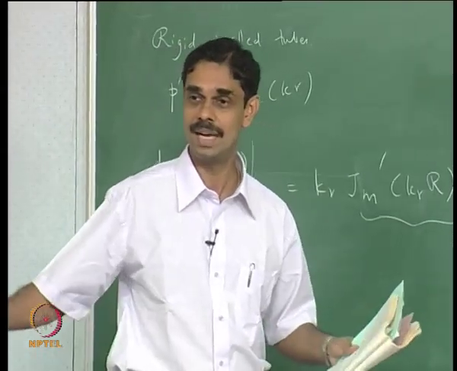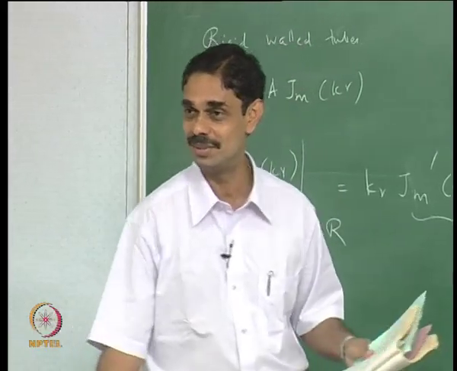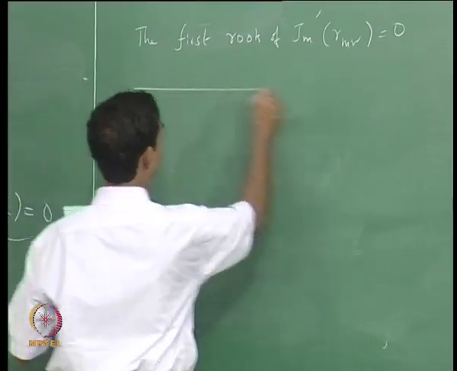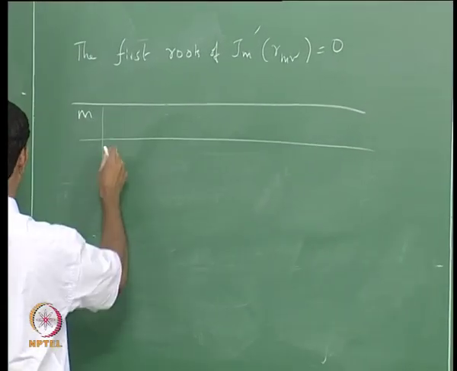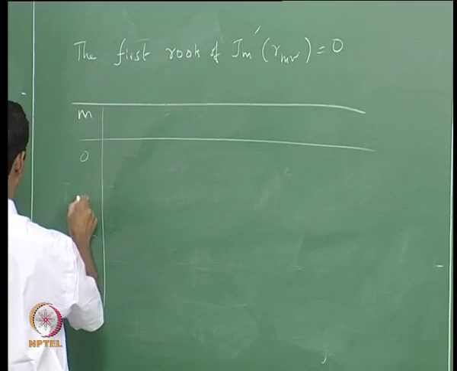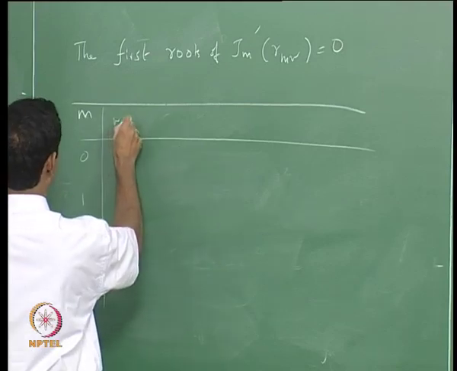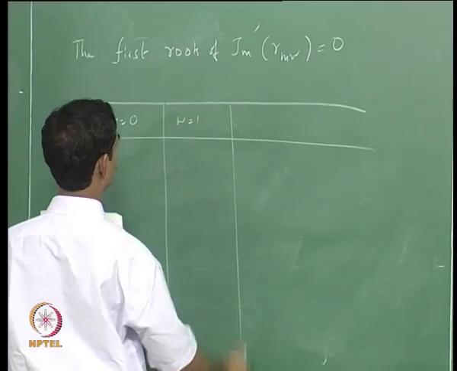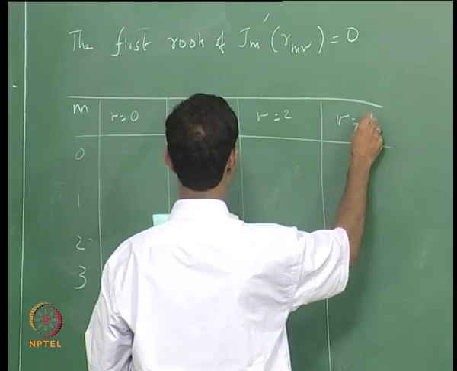But handbooks and tables are available, and MATLAB and so on give the roots very peacefully. So let us look at a table where m is the order, and we will look at 0, 1, 2, 3 and the first root, for nu equal to 0, 1, 2, 3.